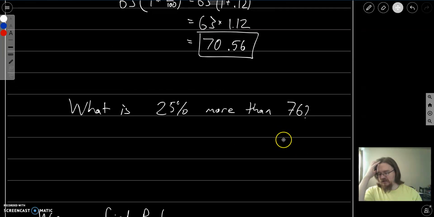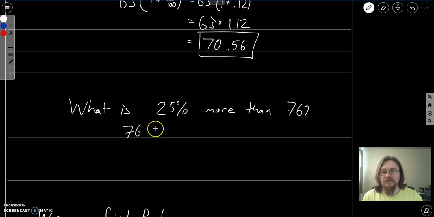Let's do another example. What is 25% more than 76? So again, I have 76 and I want to increase it by a little bit. I'm going to take 100% of it and add another 25% of it. So again, 25% is the same thing as 25 divided by 100. So this is going to be 76 times, with order of operations doing what's in the parentheses first, and again doing the division first.